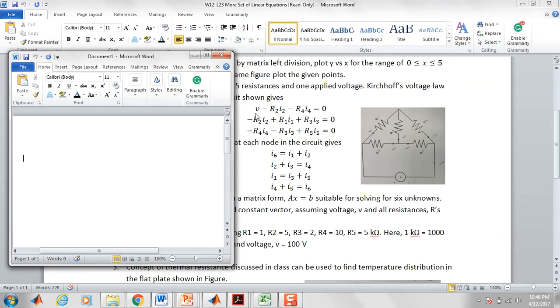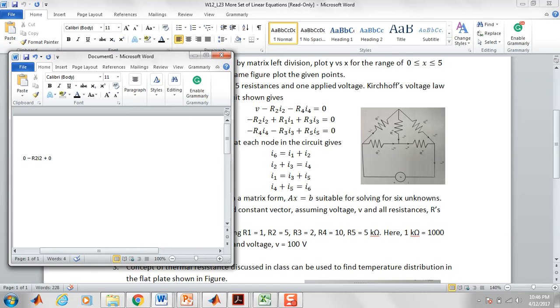So based on that, if I rewrite the first equation, it would be 0 and minus R2 and then I2. Then you have no I3, so you would have plus 0.